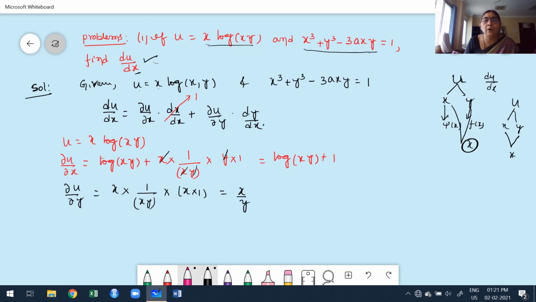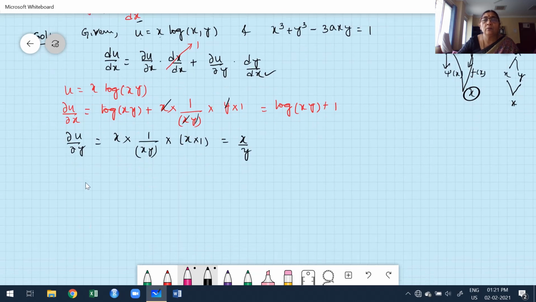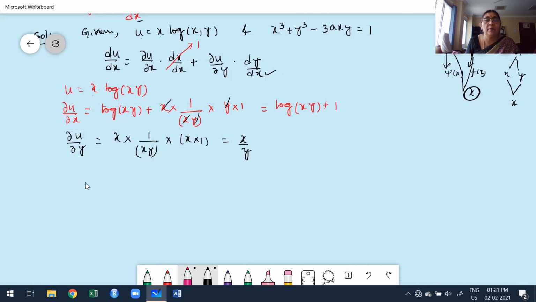But I want to find dy by dx. How to find dy by dx? You have an equation: x cube plus y cube minus 3axy equals 1. We already discussed the implicit function. The left-hand side involves a function of x and y, and the right-hand side must be a constant or 0.